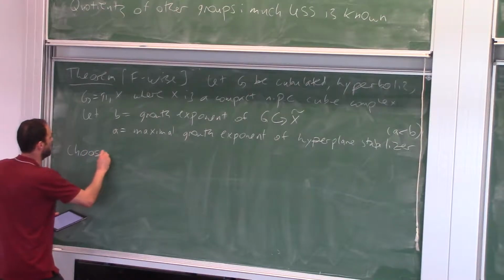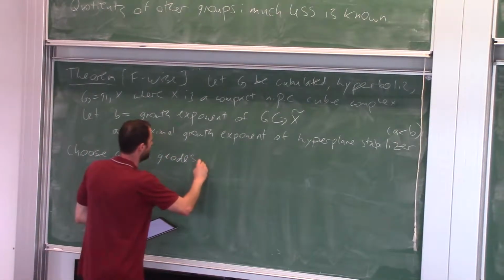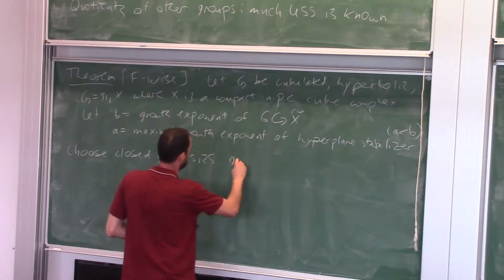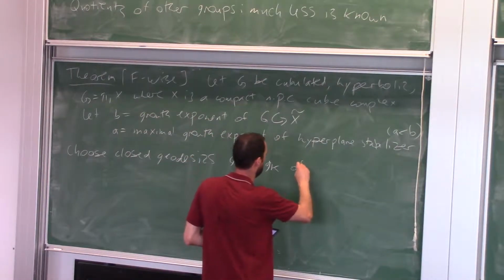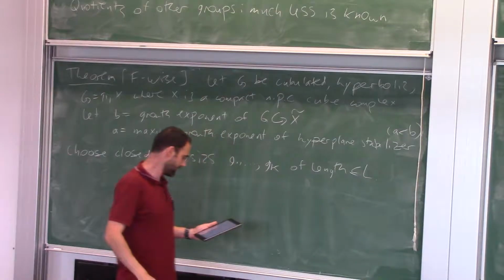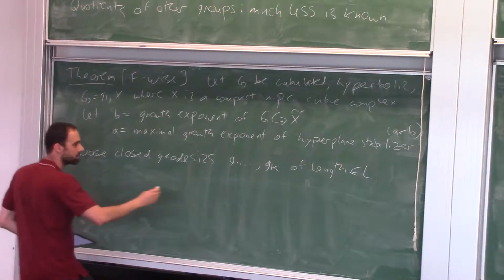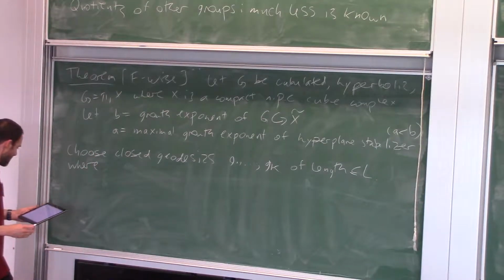And now we're going to choose closed geodesics g_1 through g_J of length at most L probabilistically, where, what's the density?